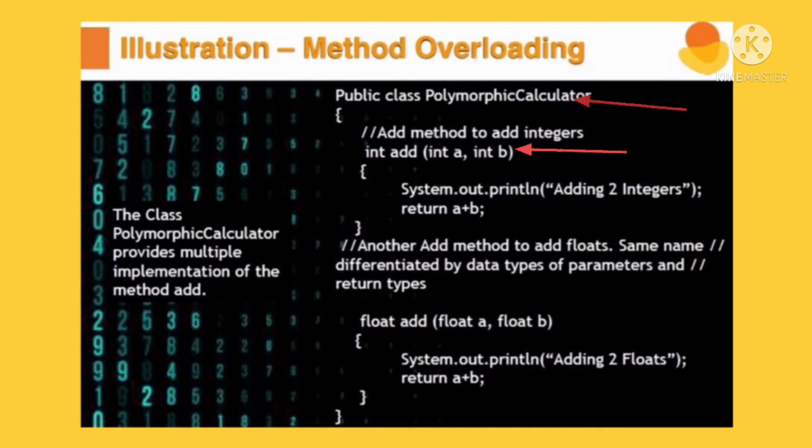There is another method that's named also add. This method takes two float values, adds these two float numbers, float a and b, and returns a float value.